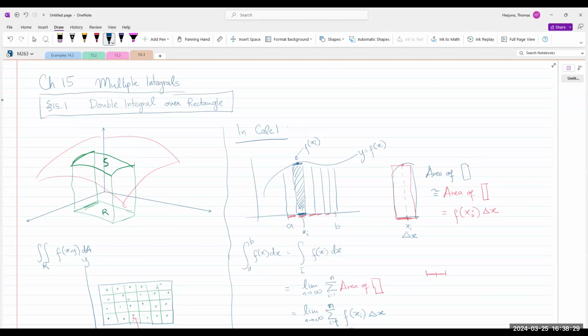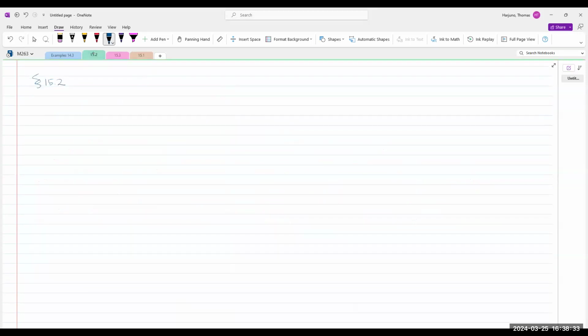Double integrals over rectangles. That's supposed to be the title for 15.2. Okay, now 15.2, they say it's iterated integrals. Basically, it means you have an integral nested inside an integral.